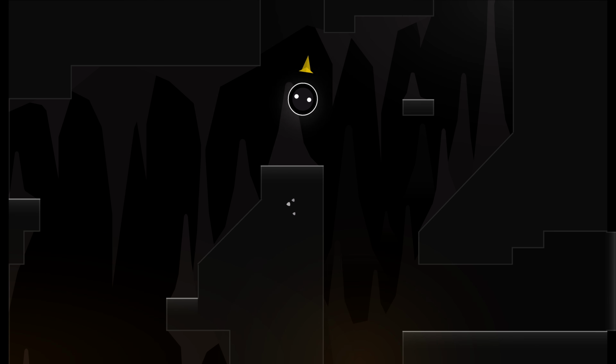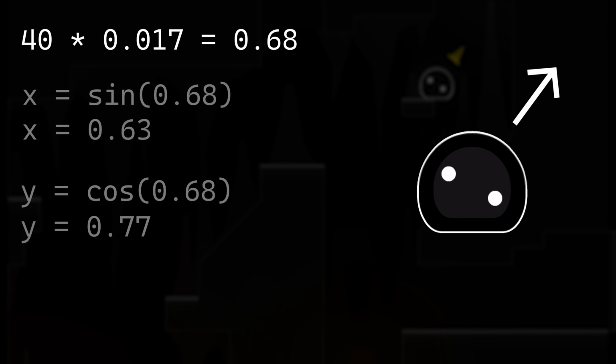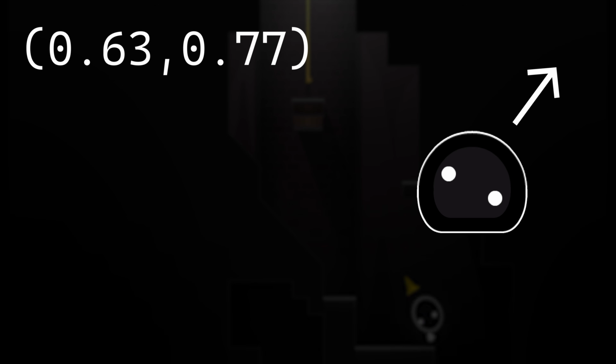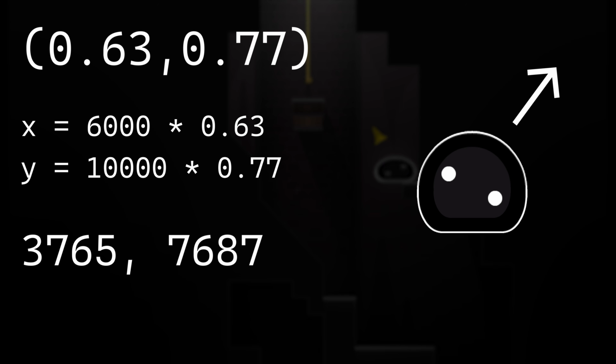I think we're finally ready to jump now, so let's take a step back and examine the whole process. First, we choose an angle, let's say 40 degrees, then find the dimensional ratios 0.63 and 0.77. Then, multiply that by our base distance number to get 3,765 and 7,687 respectively.